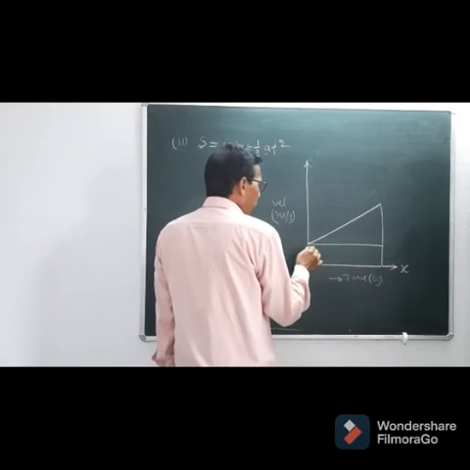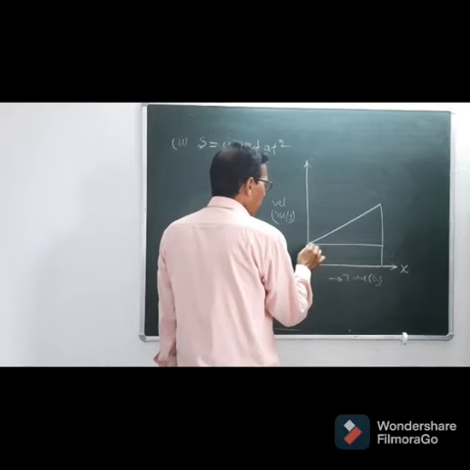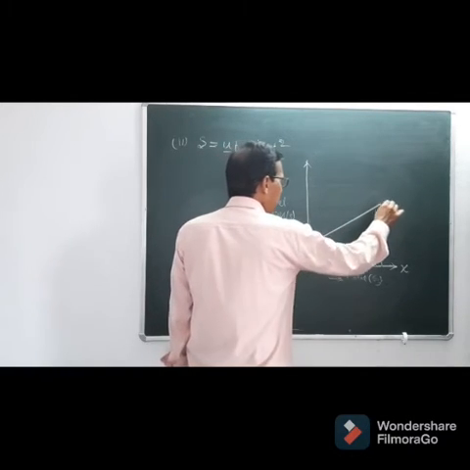When we plot a graph between velocity and time, we obtain a straight line AB.